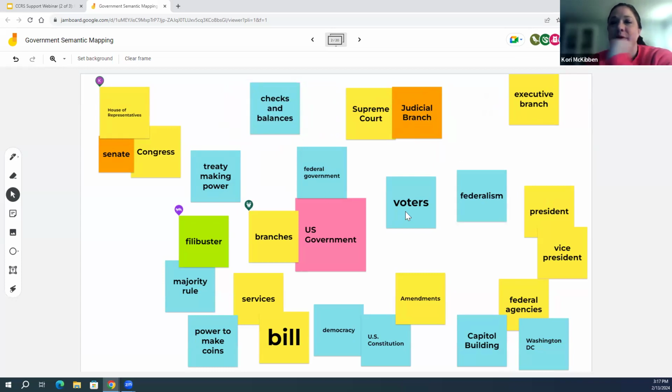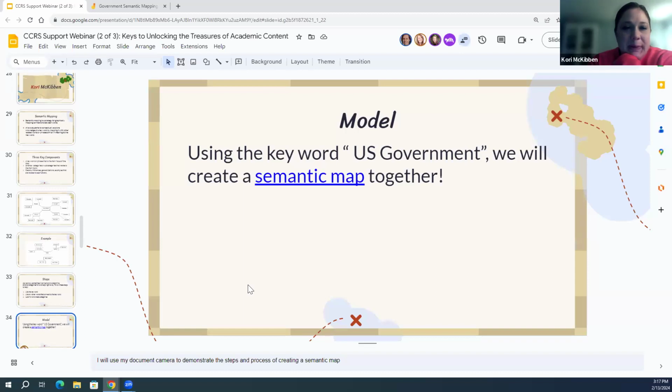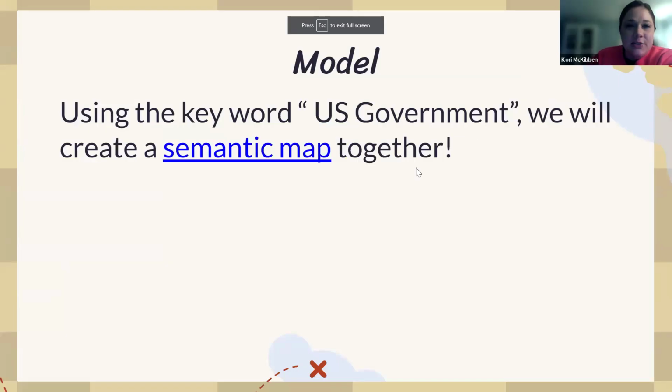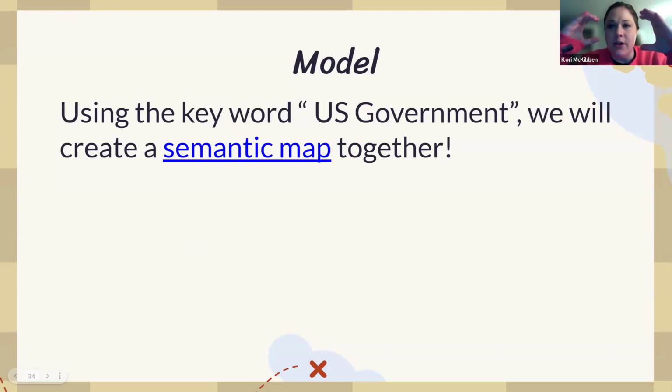All right, if we wrap that up, we can go back to the slides for the slideshow. So as we said, if we had a little more time, we could then go and create that semantic map. So the US government would be in the middle, and then we would have our strands or those categories.